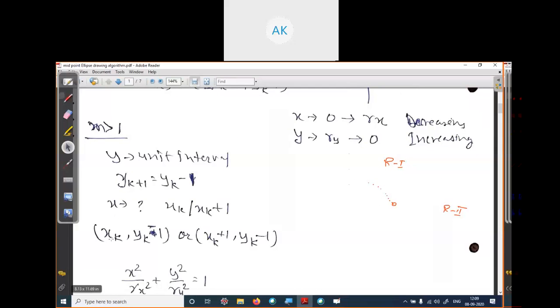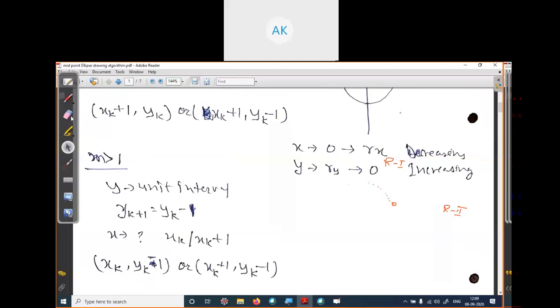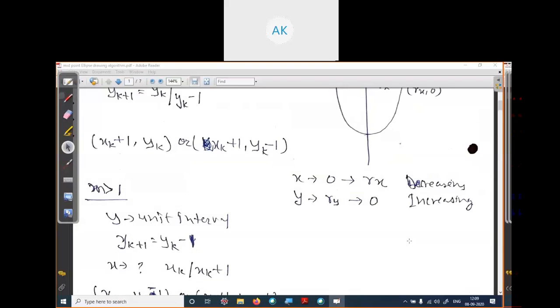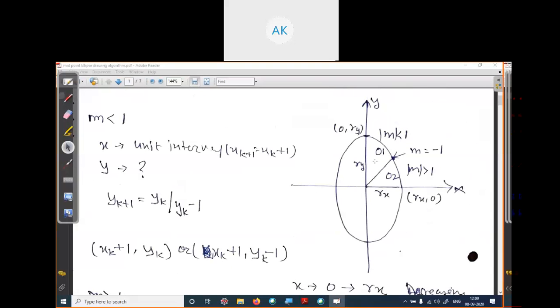So the possible points are (xk, yk minus 1) or (xk plus 1, yk minus 1). At this point, if you have doubt, you can ask. What we are doing here is dividing the ellipse in one quadrant into two parts based on the slope of the tangent.